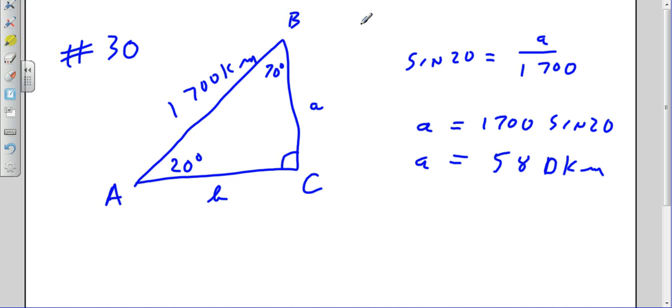All right, and then we would say, well, the cosine of 20 degrees is going to be b, the side adjacent, divided by 1700.